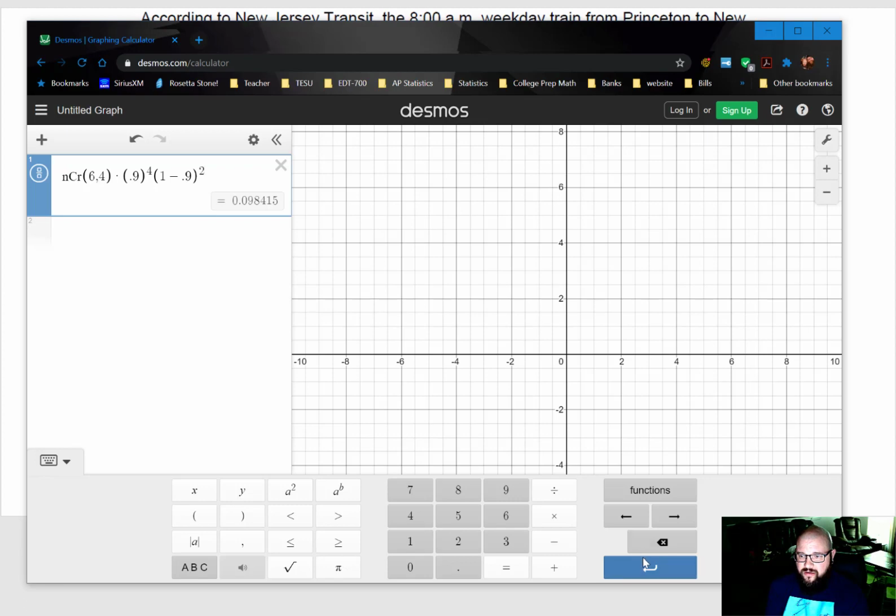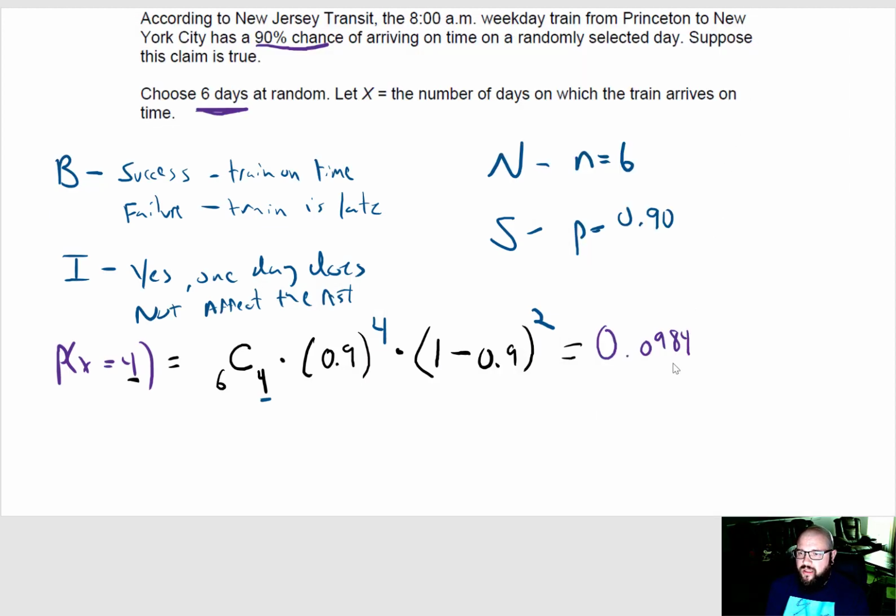And as you can see, it's already given us a value there. And we're getting 0.0984. Just 0.0984 is all we've got to put out. 4 decimal places is all right. So again, you can always use that calculator at that website there, the Desmos calculator.